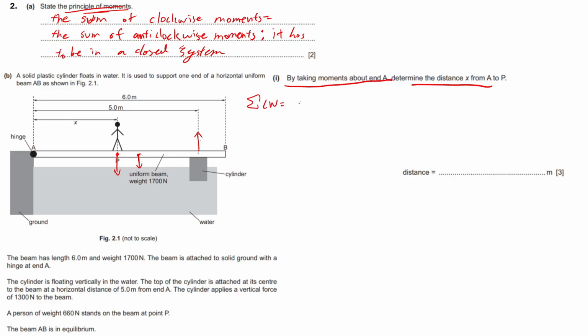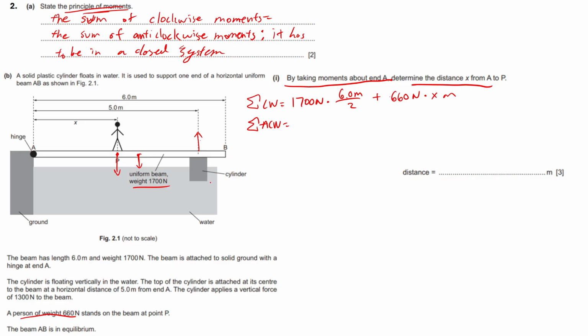Thus, the sum of the clockwise moments is going to be the beam. Yeah, so it's going to be the beam. It's going to be 1700 newtons, and since it's uniform, the center of gravity is going to be in the middle, so it's going to be the length of the entire beam divided by 2, and then the person, which is going to be 660 newtons multiplied by x meters, and then that is the sum of the clockwise moments.